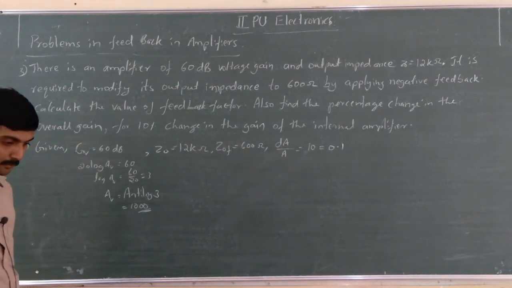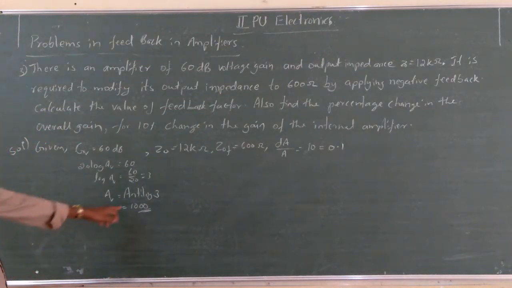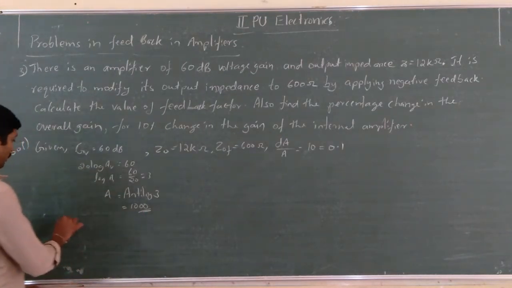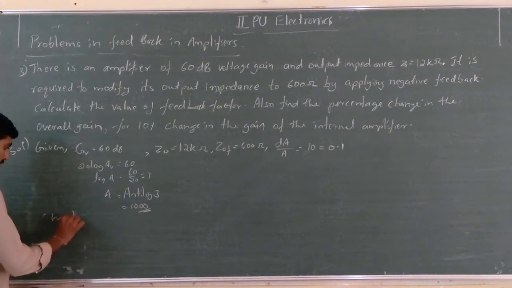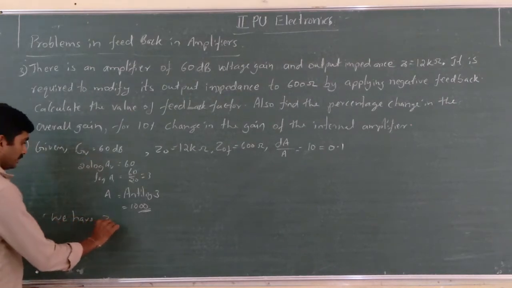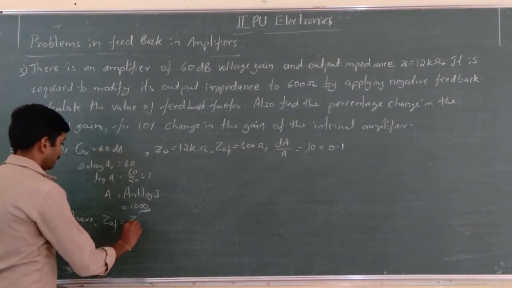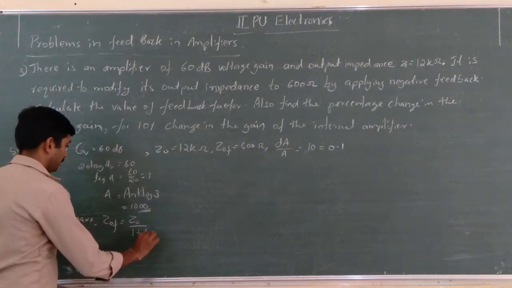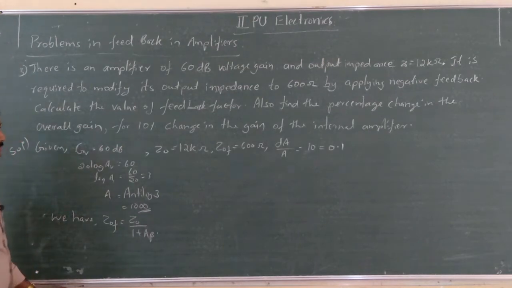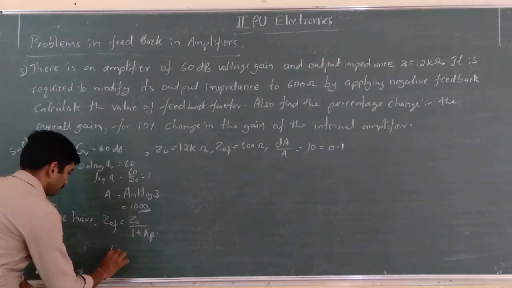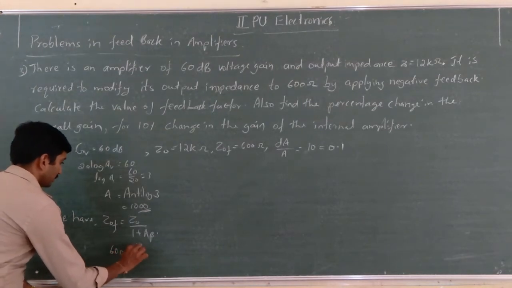Now A is 1000, therefore ZOF we have: ZOF is equal to Z0 divided by (1 plus A beta). First, the calculation of beta, the feedback factor: ZOF is 600 ohm, equal to Z0.